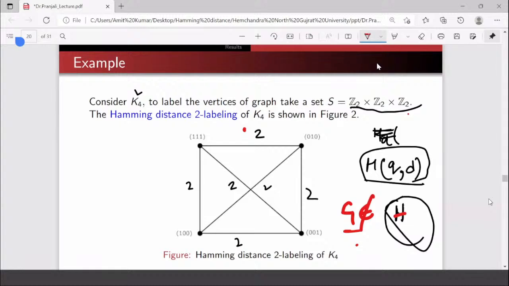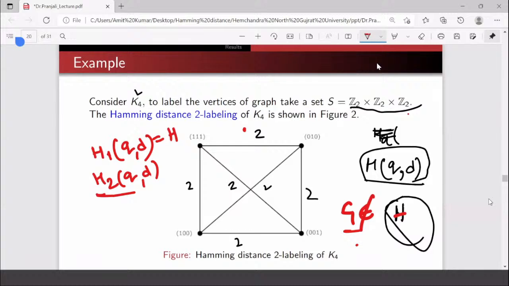But we have also generalized this concept. If I define H1 Q_d, H2 Q_d, the original Hamming graph I will call H1 Q_d. Then I define the generalized concept that the pairs will be adjacent when the Hamming distance is k, where k can be given. So H2 Q_d denotes the Hamming graph in which all the vertices are adjacent where the Hamming distance is 2.